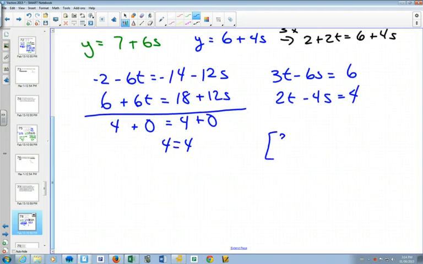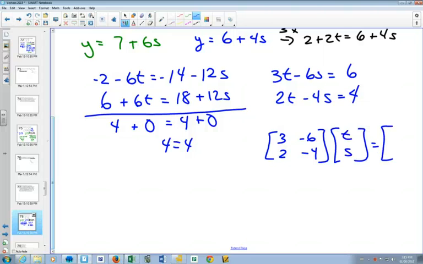So we would have had 3, negative 6, 2, negative 4, times t and s, equals 6 and 4. We get that determinant of 0 again, eh? Do you see that? Negative 12 minus a negative 12.